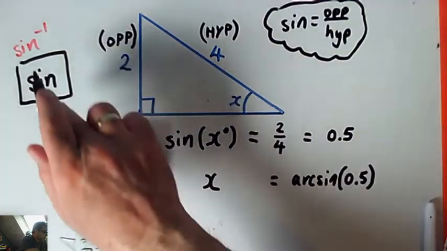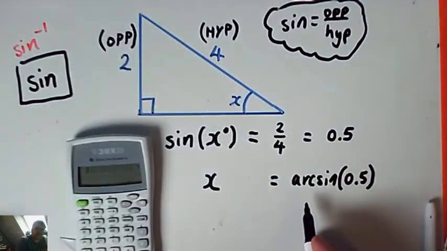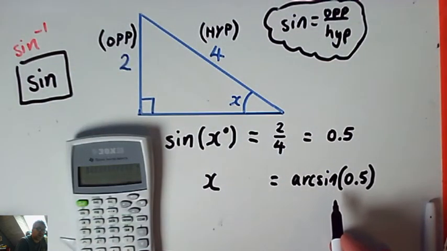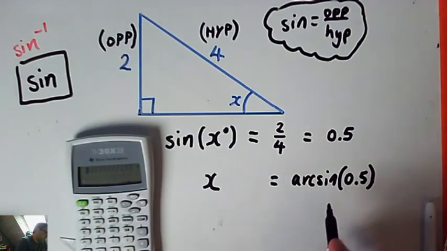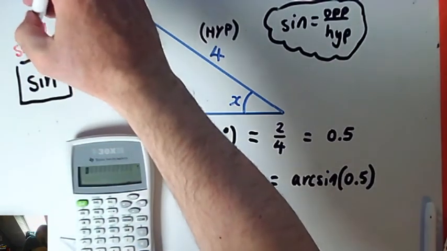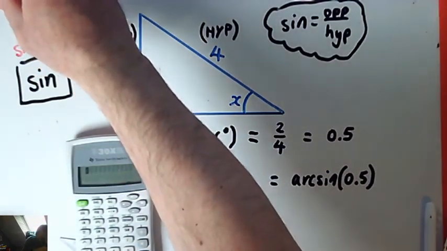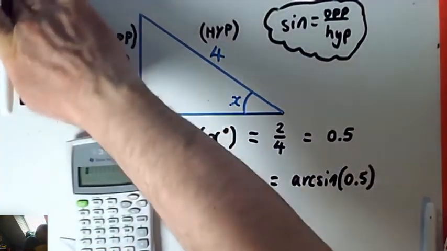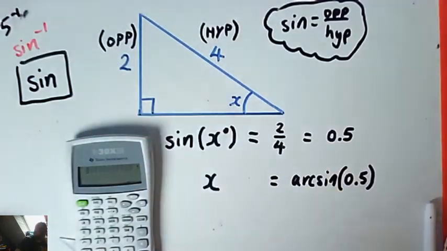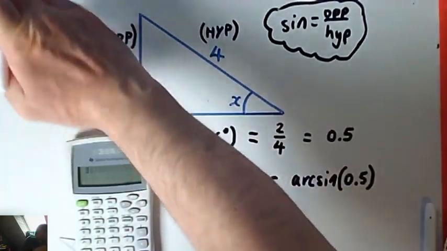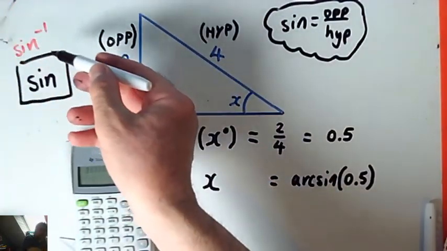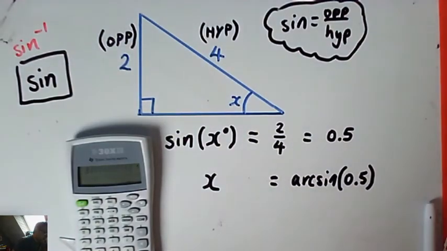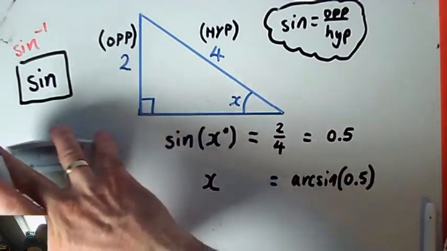So that sine with a little -1 is another way of writing arc sine, but actually I prefer arc sine because that little -1 is a bit confusing with something to the power of -1, like 5 to the power of -1, which means something different altogether. So I don't actually like that notation with the -1 to denote the inverse function.